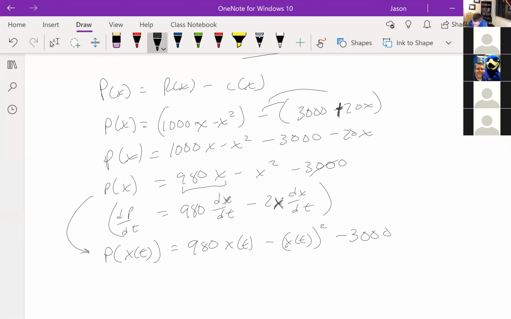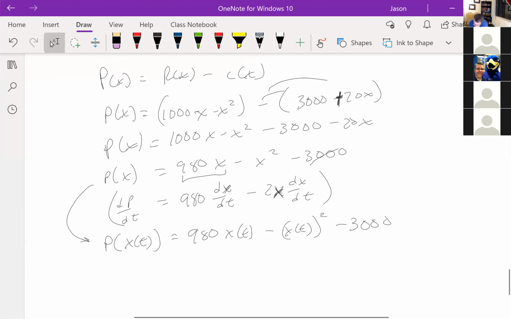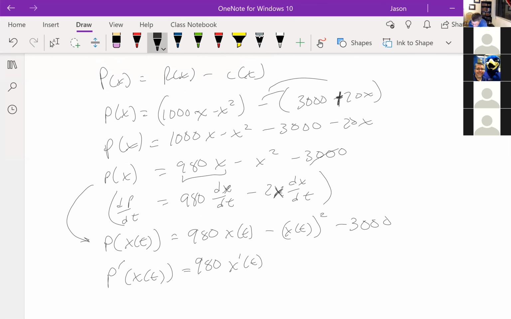You can think of it either way. So if I were to take the derivative here, p prime of x of t, well, that's going to be 980. Derivative of 980x is just 980, but what's the derivative of x of t? That's x prime of t. That's my dx/dt. Minus, what's the derivative of this thing?